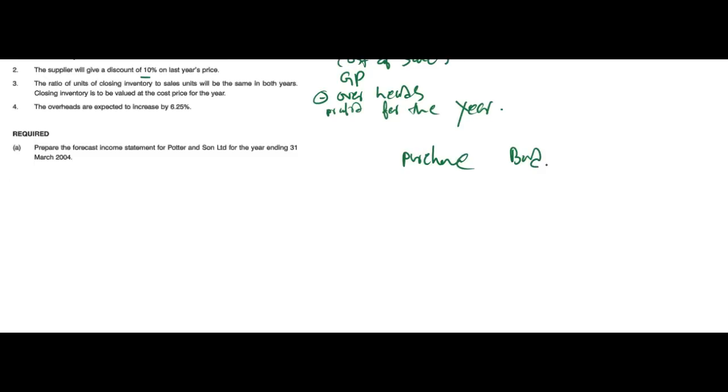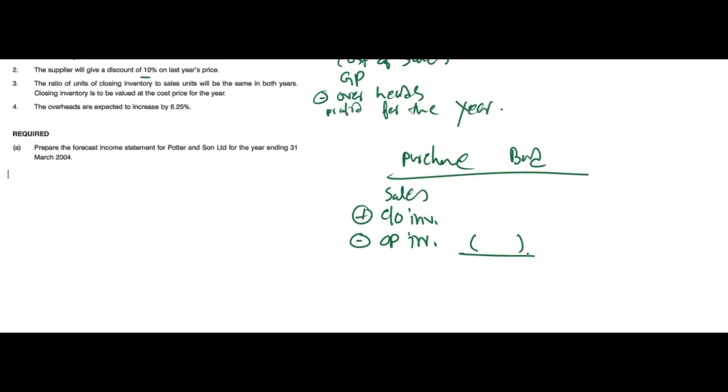If you remember the formula of purchase budget, it is basically sales: whatever number of units you're going to sell, you need to purchase, plus closing inventory. If you want to keep any items in your closing inventory, you need to purchase it, less opening inventory. If you have any items already in your opening inventory, you don't need to purchase them, rather you deduct them to get your purchase.